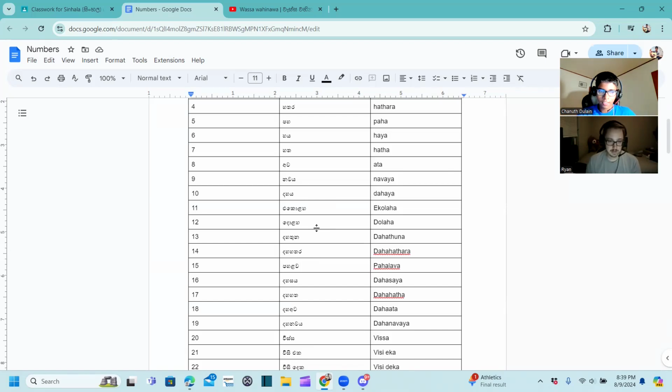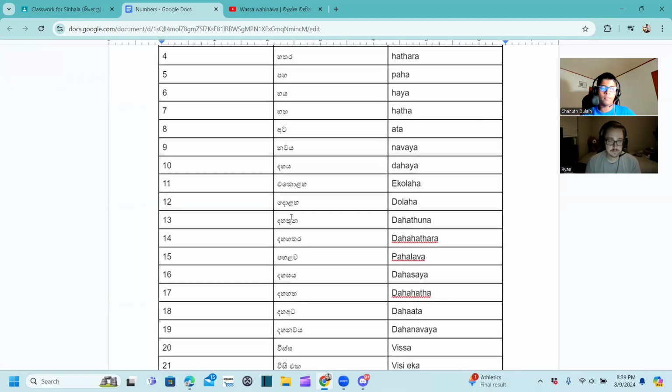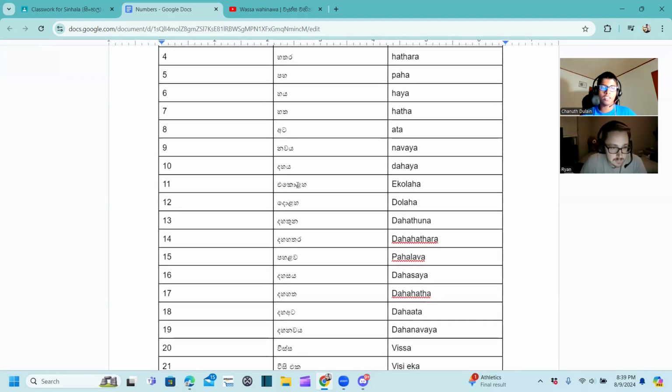Dahata, Dahanavaya, Visa. So you could basically read these without looking at the English, because you kind of learned the letters, the ones that don't have these add-ons. So you could basically read "daha hatara," right.